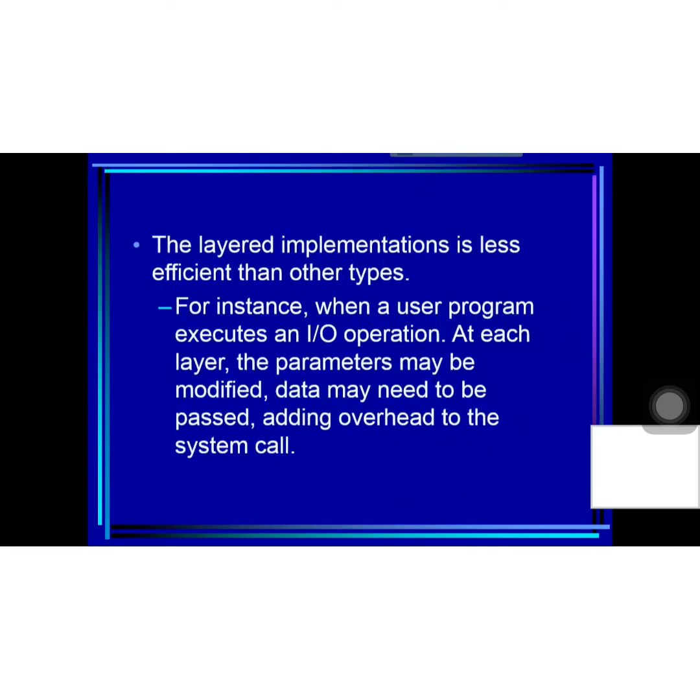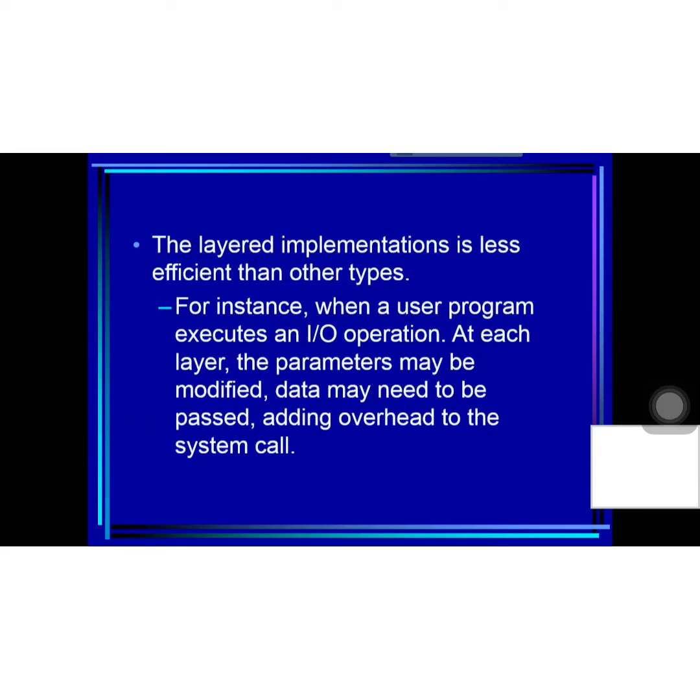The layered implementations is less efficient than other types. For instance, when a user program executes an I/O operation, it executes a system call that is trapped to the I/O layer, which calls the memory management layer, which in turn calls the CPU scheduling layer, which is then passed to the hardware.